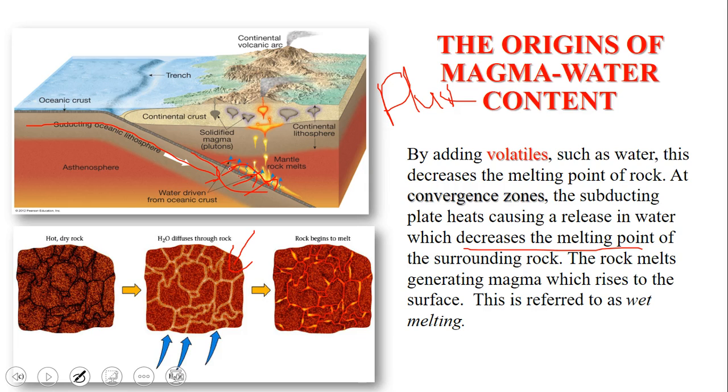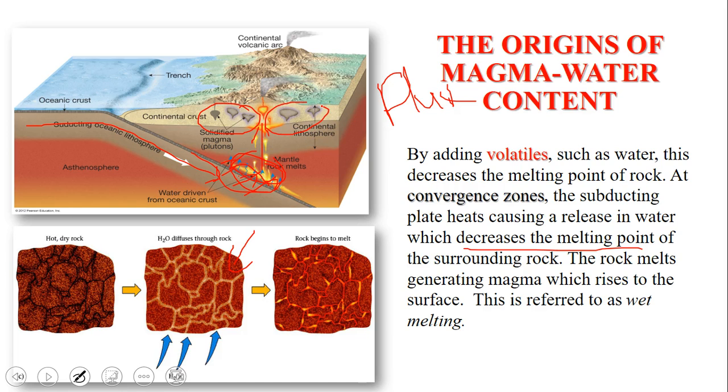So if this were typically going to melt at 900, by simply adding water, it may start to melt at 800 now. Whenever you do that, you generate magma. Magma is less dense, it's going to rise, and then you're going to get igneous rock bodies forming.